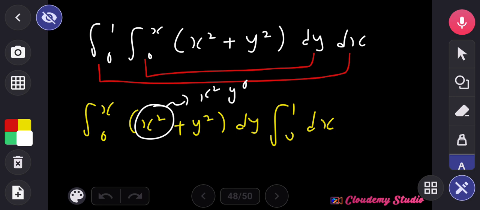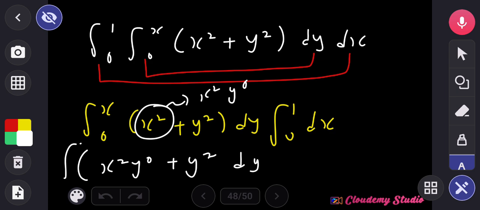You understand? Now, since I have that established, my integral is x squared y raised to power 0 plus y squared dy, with upper limit x and lower limit 0, that's what I'm doing. And the second one is the integral from 0 to 1 of dx.